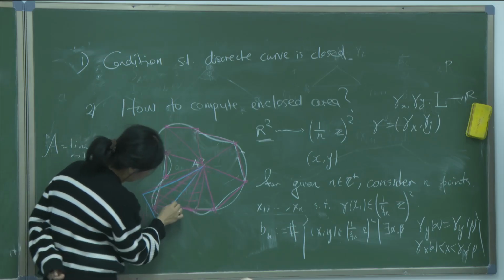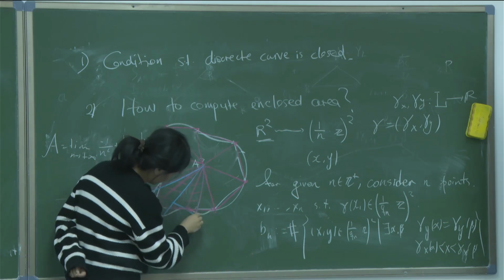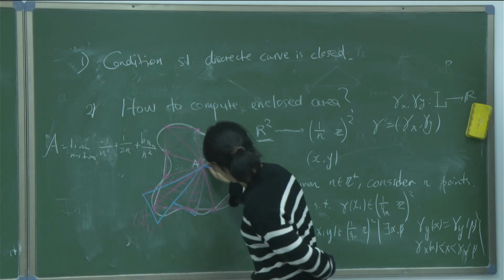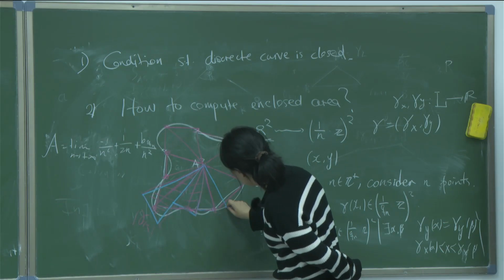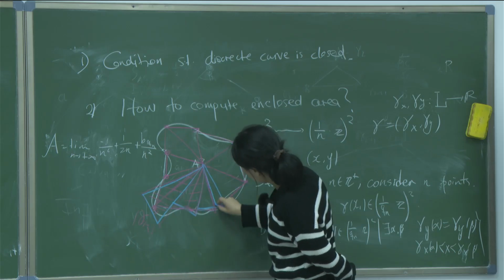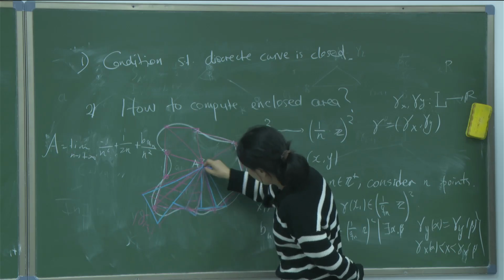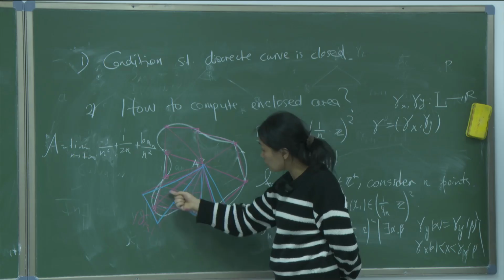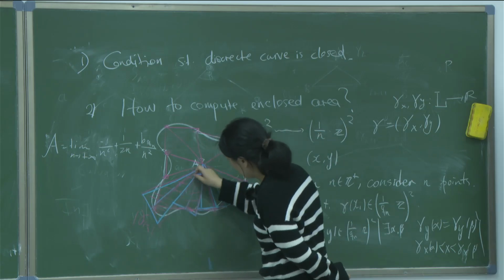Like this, 2 of those at each time. Why is this advantageous? How to compute the area of this triangle?